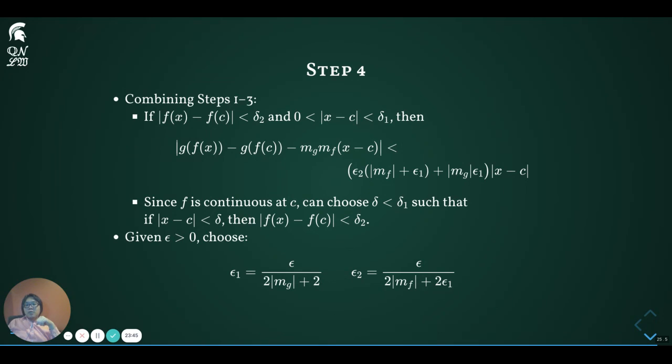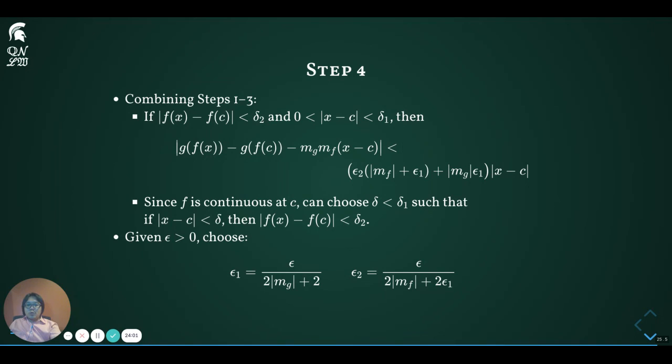We see that if we plug these two values into the messy expression in front of |x − c| in the inequality shown on this slide, they simplify to be less than epsilon.